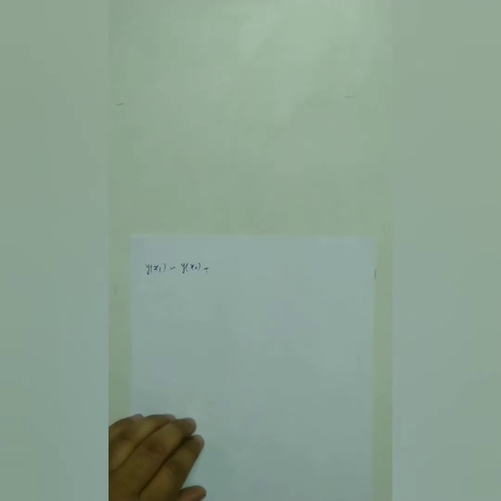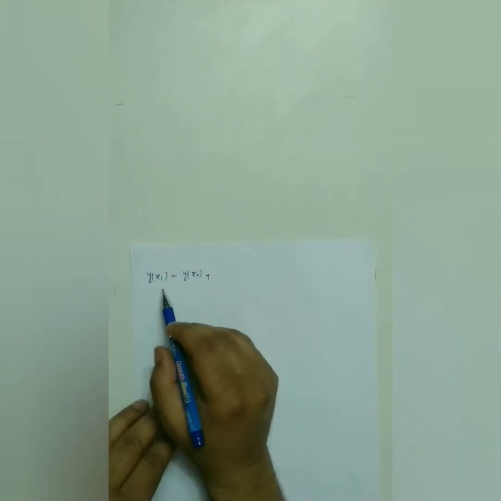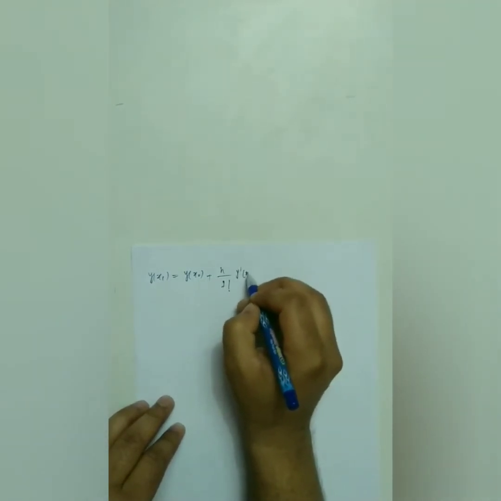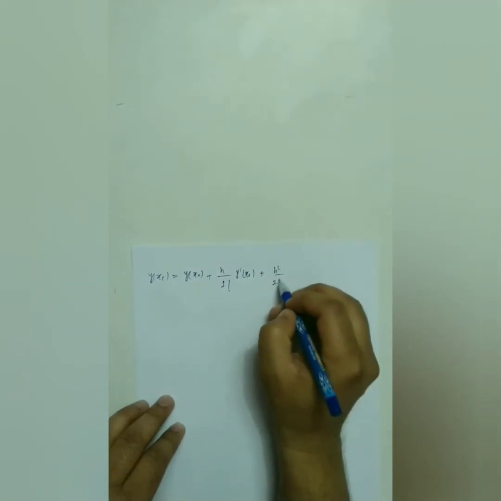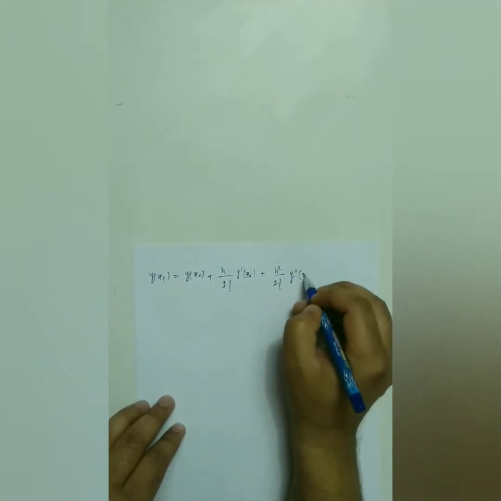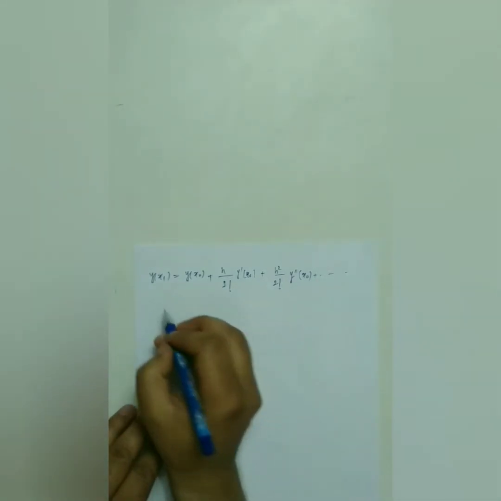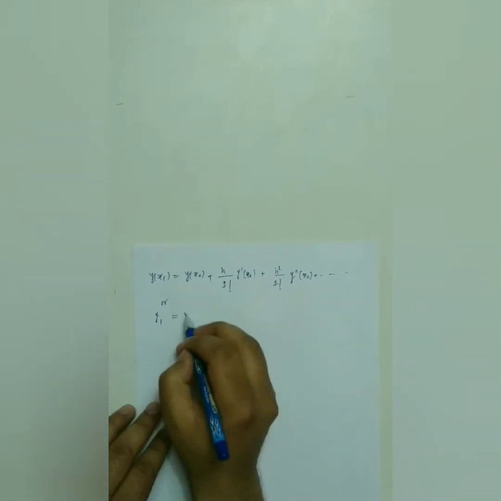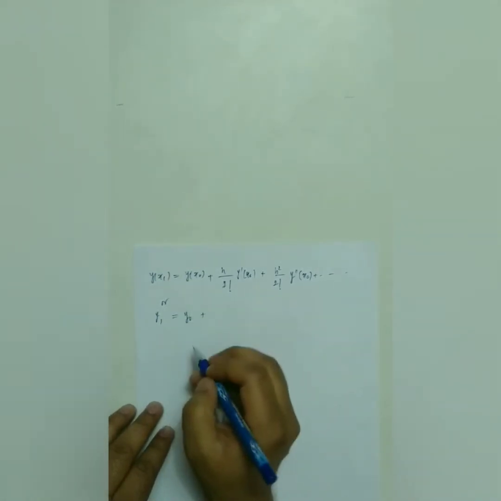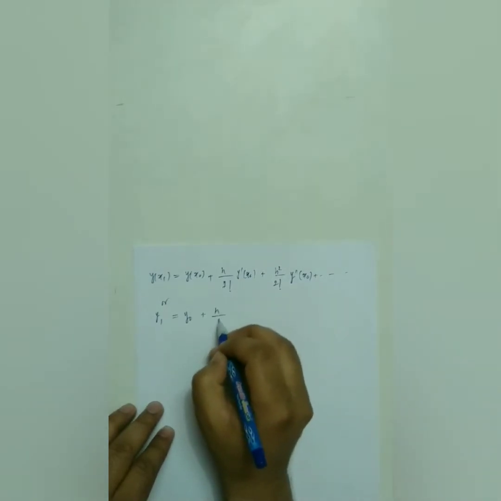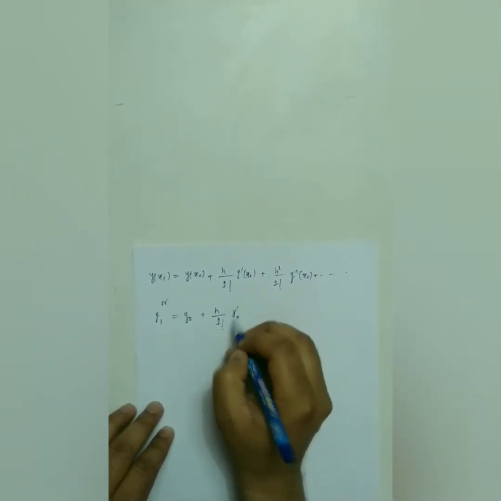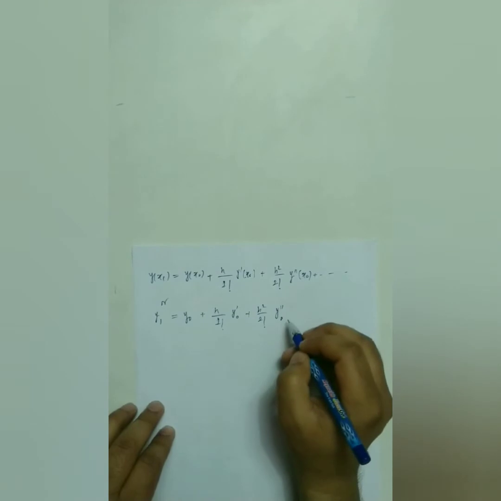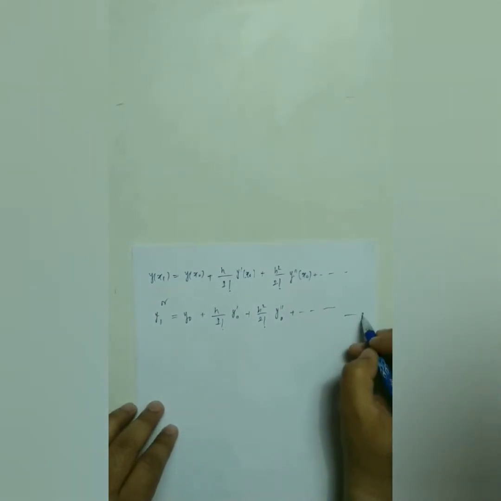So we write the Taylor series as y(x1) = y(x0) + h/1! y'(x0) + h^2/2! y''(x0), and so on. We can write y(x1) as y1, and y(x0) as y0, which is given as the initial condition. So this is y1 = y0 + h/1! y0' + h^2/2! y0'' and so on. Suppose this is equation number 3.